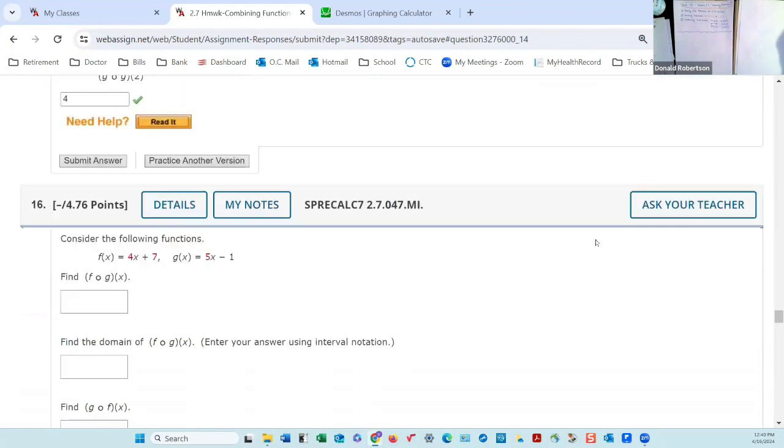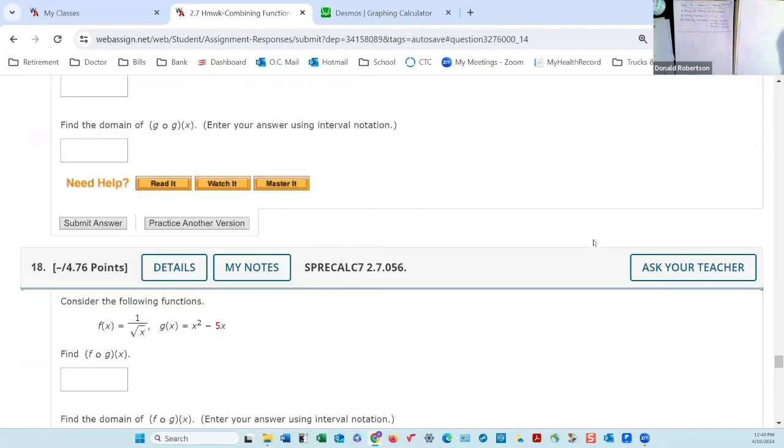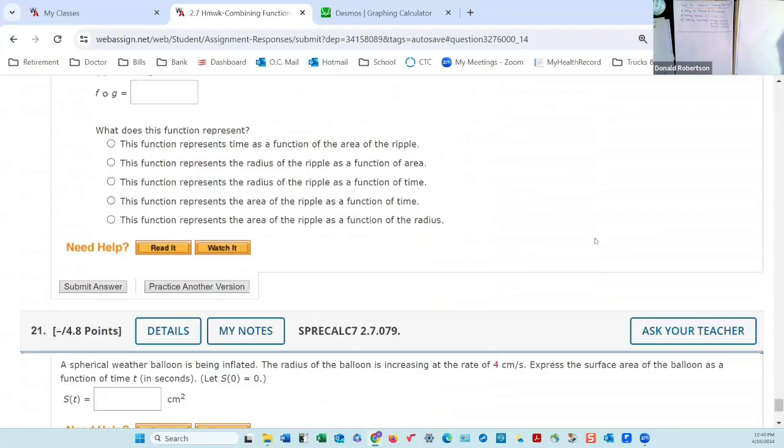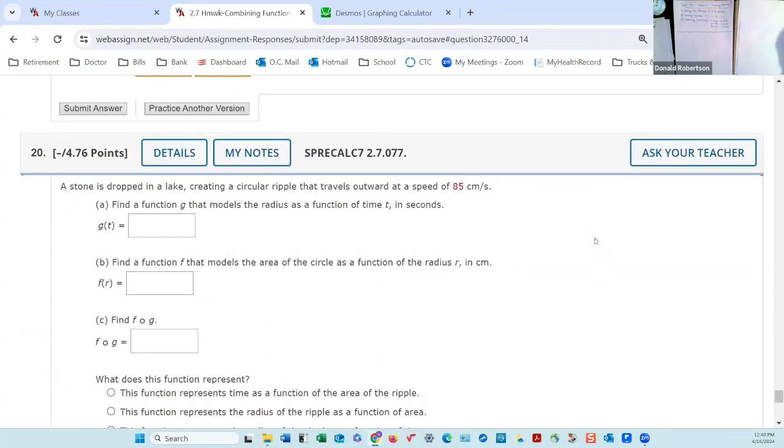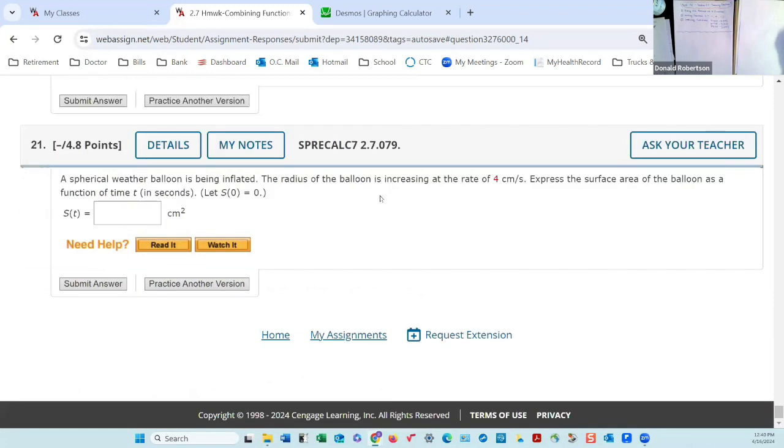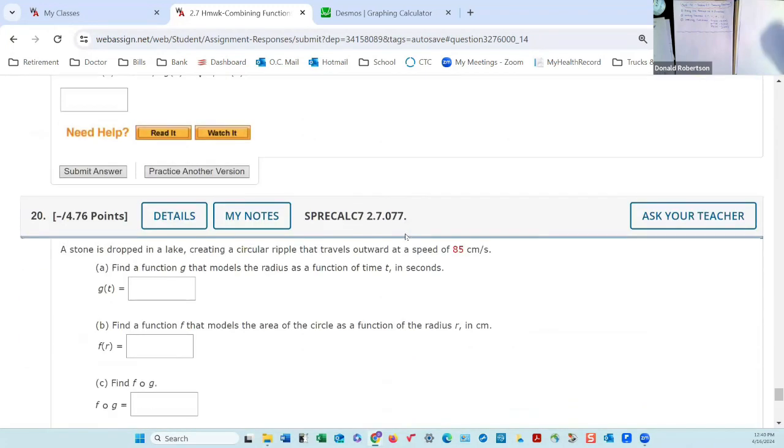Okay, so what are the last questions that we're going to deal with? These are application ones, right? So these are stories, questions 20 and 21. They give you some information, and then you're meant to somehow or other generate a formula for it. So here goes. A stone is dropped into a lake, creating a circular ripple that travels outwards at the speed of 85 centimeters per second.